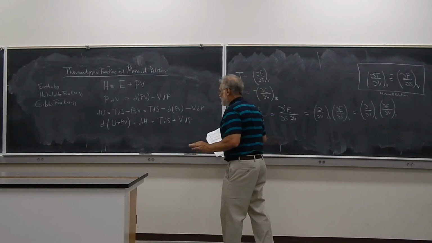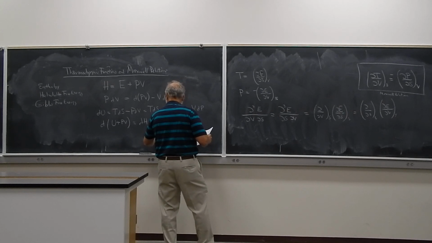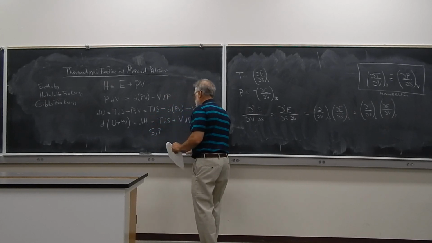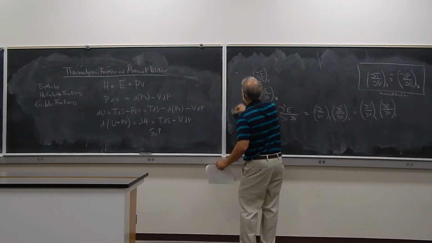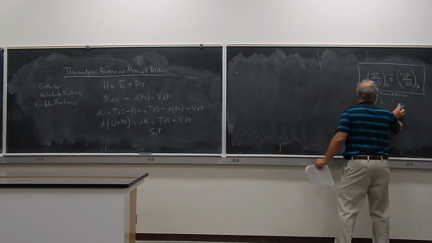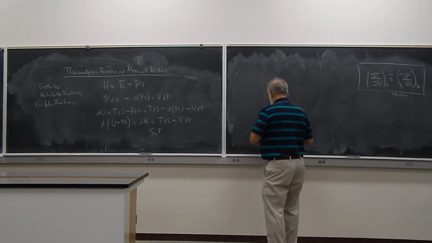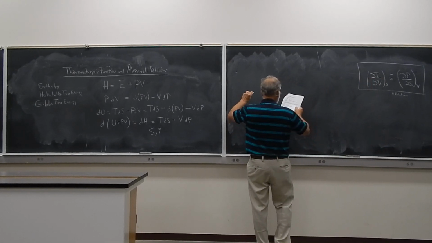So my independent quantities in this case are going to be entropy and pressure. Not entropy and volume, but entropy and pressure this time. And I move along the same trajectory I did before.